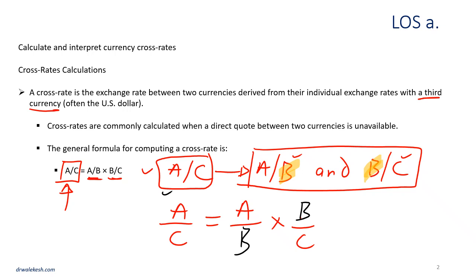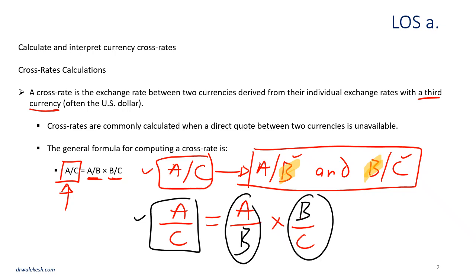My aim is only to show us that you will end up having this rate. So this times this would give us this cross rate.